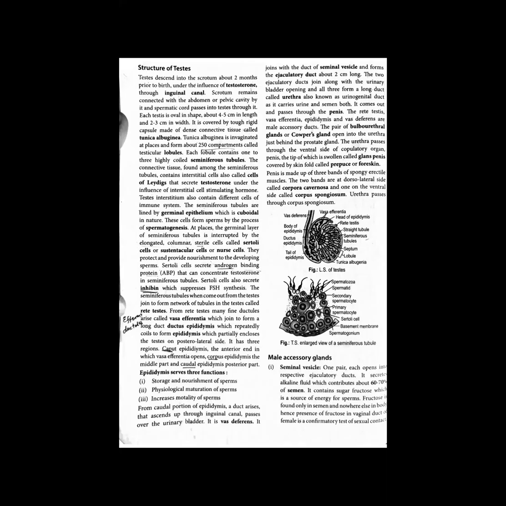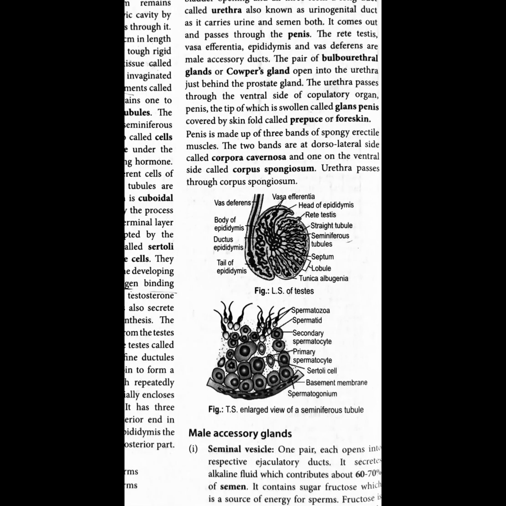In penis, there are two types of muscles. You can note it down. One on the sides called as corpora cavernosa, and another on the front, corpus spongiosum. These muscles, they get erect and they release the semen by peristaltic movement.